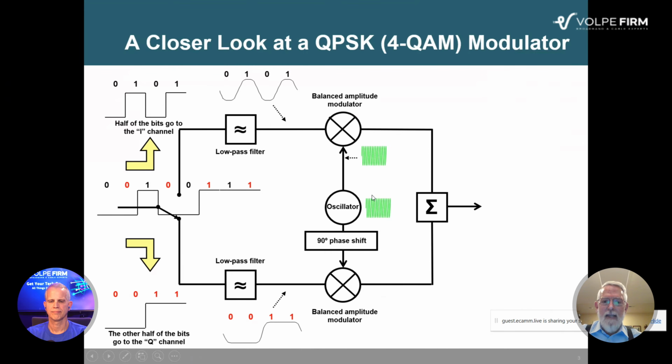And notice it's got the exact same phase as the original oscillator signal. So we say that this is the in-phase channel, or the I channel. This carrier is in phase. So this is the I part. When we see this on the MER, the constellation diagram, this is the I part of the channel that we're looking at.